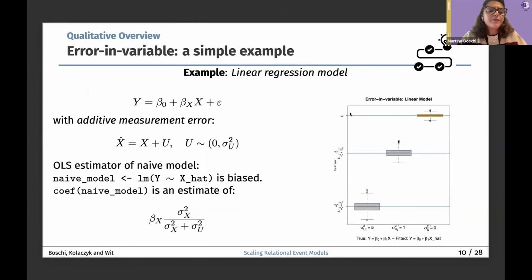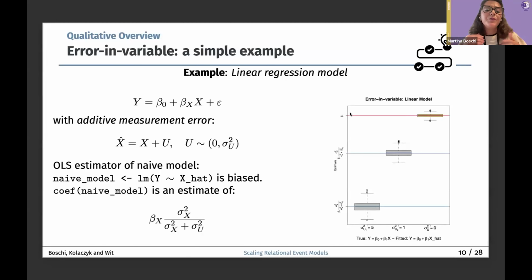So if you're not familiar with that, I included a small example concerning linear regression, in which basically the idea is that you cannot access the true covariate, you only access a wrong, quote-unquote, quantity that can be expressed as the true covariate plus a measurement error.